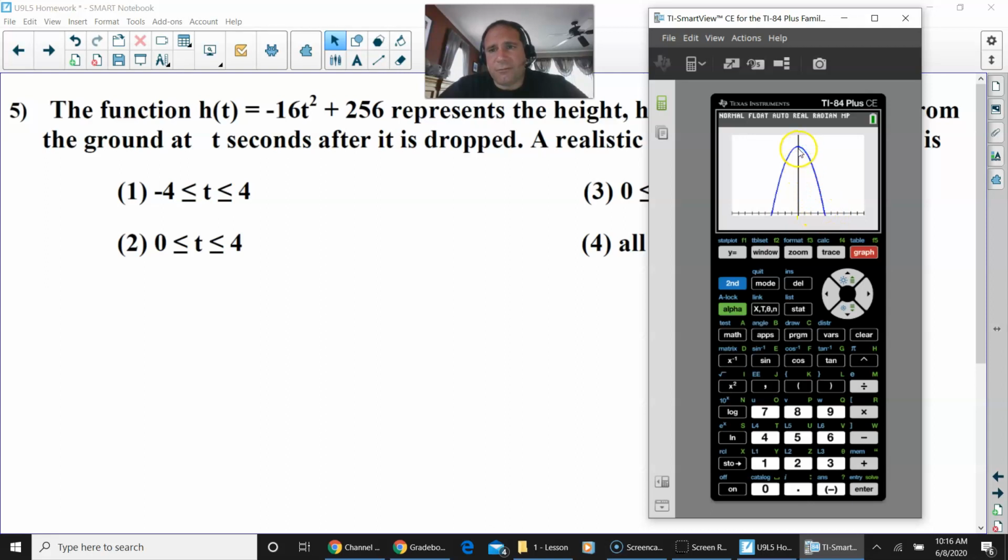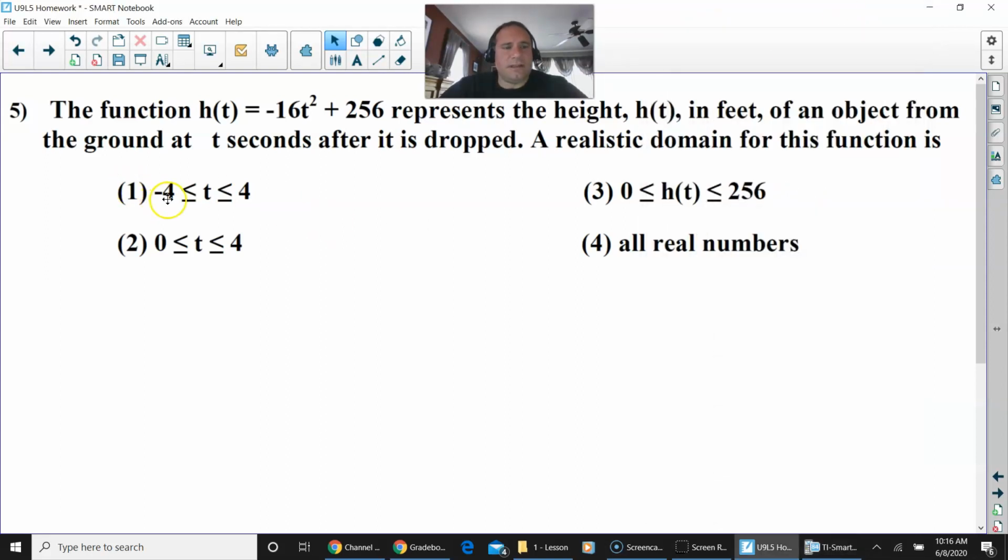All right, what is a realistic domain from here to here? And the domain, that's the x value. So just take a look at this domain. Is it t is greater than or equal to negative 4 and t is less than or equal to 4? Or is it just from 0 to 4?